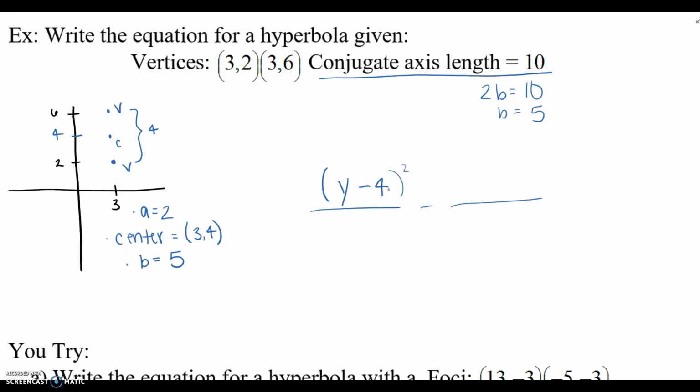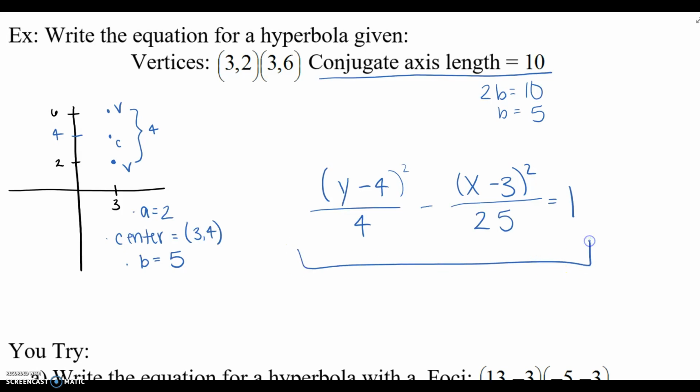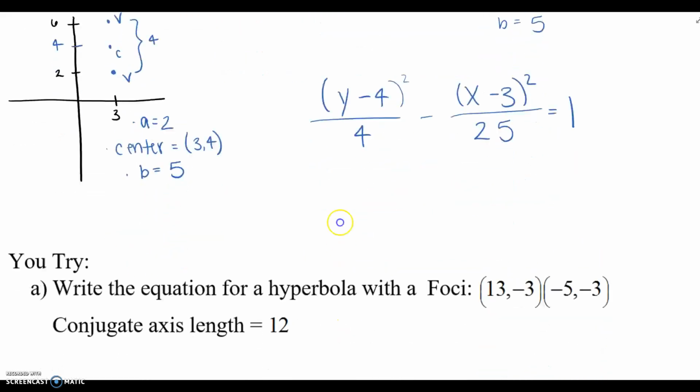And it's always divided by a squared, so because a is 2, we're dividing by 4. And then it'll be x minus 3 squared divided by b squared, which is going to be 25, equals 1. And we're done. So for credit, you need to have the equation, obviously, a sketch, and then listing the stuff that you know.